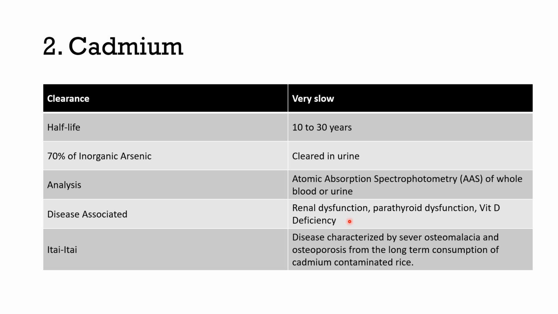Since calcium is being affected by the amount of cadmium and the dysfunction in both your parathyroid and vitamin D, the bone is affected, and 90% of our calcium is in the bone, right? So there would be severe bone damage, severe osteomalacia, as well as osteoporosis from long-term consumption of cadmium-contaminated rice. So that's itai-itai.